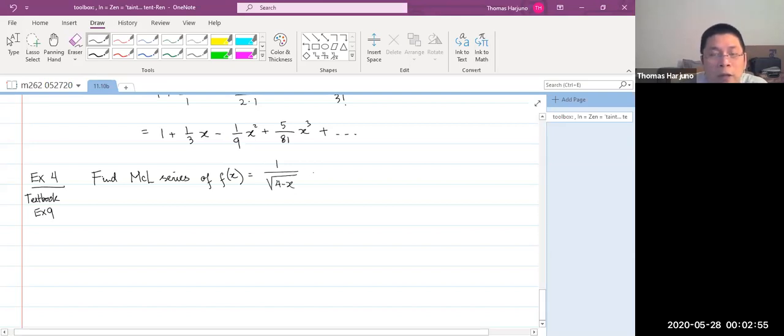In fact, I prefer to get 1 over square root of 4 out, and then this becomes 1 minus x over 4, which is basically 1/2 times 1 minus x over 4 to the power of negative 1/2.